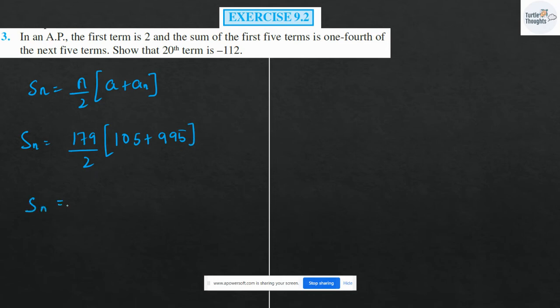So Sn I will be getting as 179 multiplied by, so 1100 divided by 2. So Sn will be equal to 179 multiplied by 550.